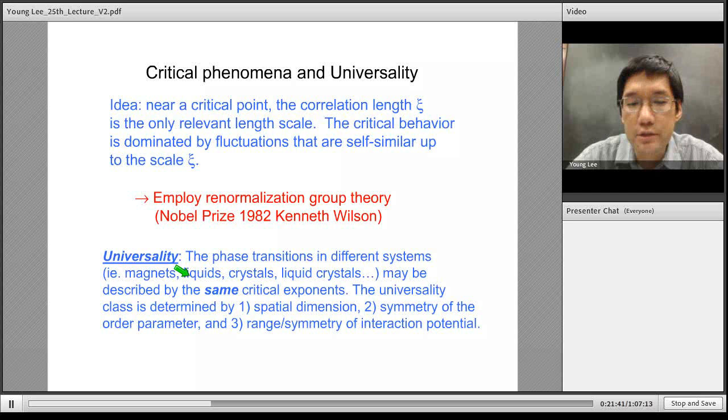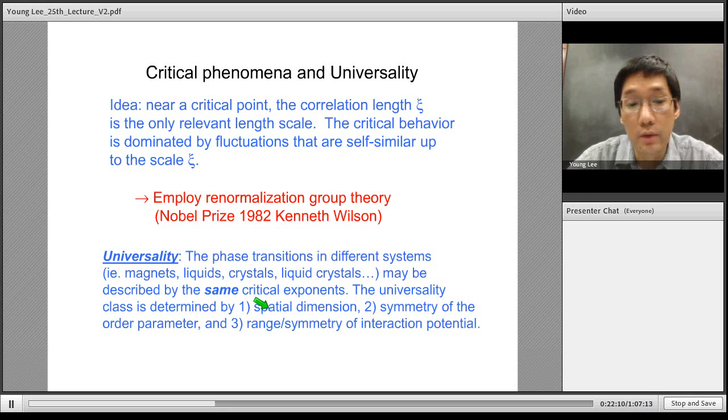So the ingredients that go into that idea of having a universality class where these materials behave the same near the transition are that they have the same spatial dimensions and the same symmetry of the order parameter, and typically we'll talk about having interaction potentials that are short-ranged.